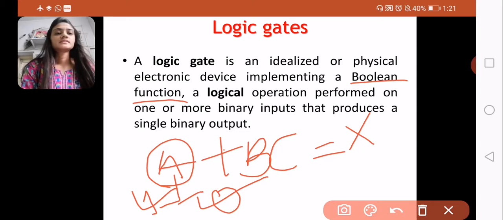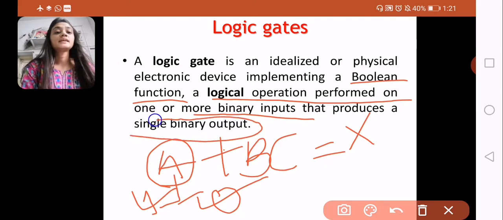Next is the logical operation performed on various input bits, and according to that, each logic gate will produce a single binary output. So remember that only one output is available for each logic gate.